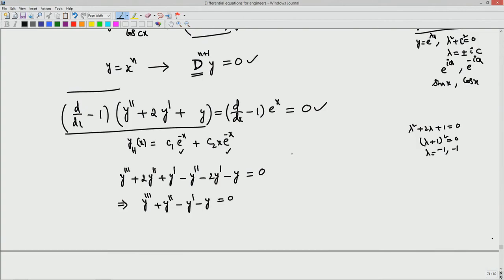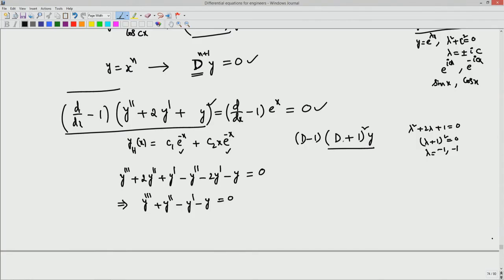So this equation is actually, now you can write (d/dx − 1)(d/dx + 1)². This you already know its expansion, lambda plus 1, so you can always write (D + 1) whole square. If you operate on y, you will get y'' + 2y' + y.